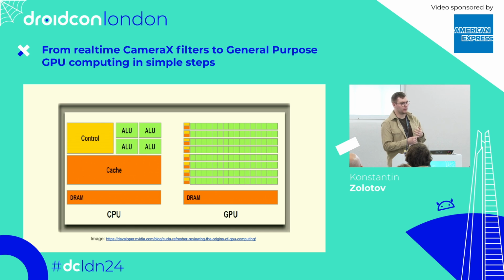It doesn't have out-of-order execution. It has a very small cache. And all those fancy things we like in CPUs that make them fast are actually sacrificed to save space. And that saved space is occupied by many more cores, so you can do a lot of parallel processing at the same time.